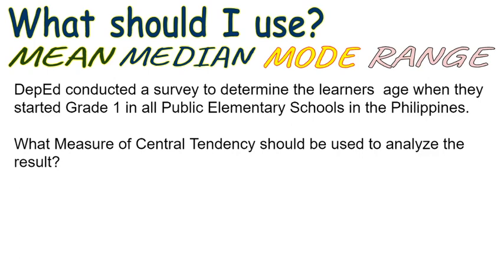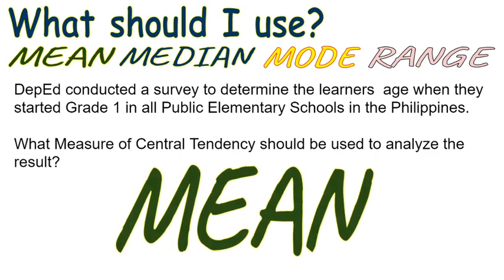Okay, you can pause this video and think of your answer, and once you're ready, you can just simply unpause it. Ready? So the answer here is mean. Why mean? Remember, for the age of the students who have started grade 1 in the public elementary school, the majority of the scores will result in a Gaussian distribution or a normal curve, what you know as the bell-shaped curve.